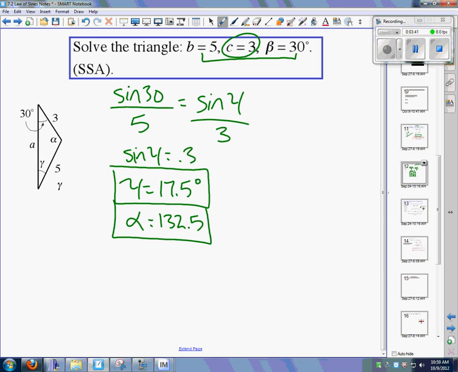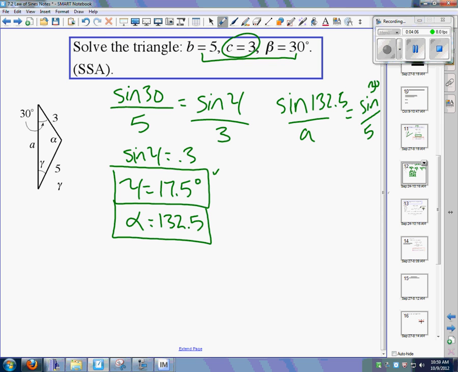There's going to be one other thing we're going to have to find, and that's going to be side a. So I need to take sine of alpha over side a, and then I can pick and choose. I always stay with what's given, because if you did this one wrong, then this next one's going to be wrong as well. So I'll stick with the b's here.